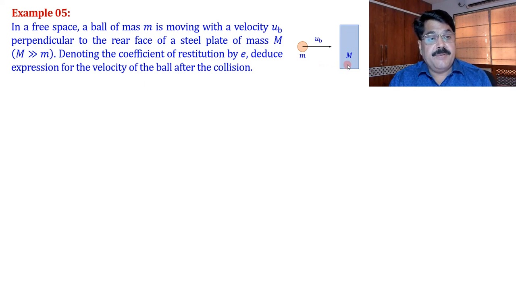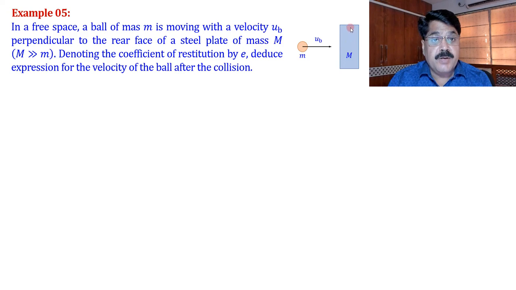Now this plate will receive a finite impulse, but its mass is infinitely large. So the change in velocity of this plate as compared to the change in velocity of the ball will be negligible. The change in momentum of the ball is finite and its mass is finite, so the change in velocity of the ball is finite, so it is observable.